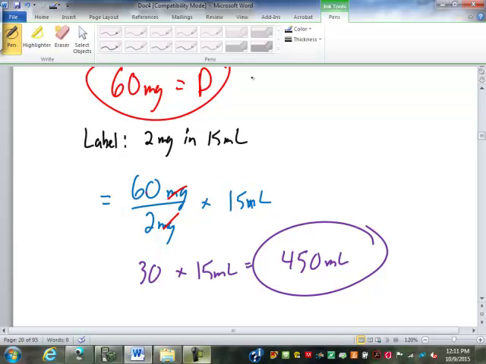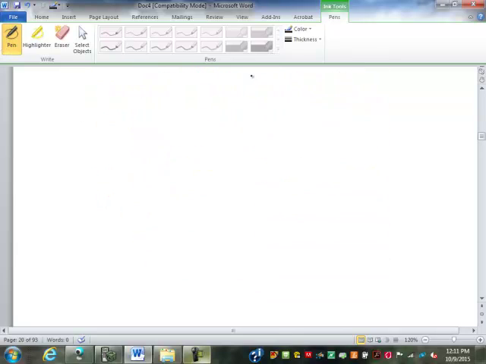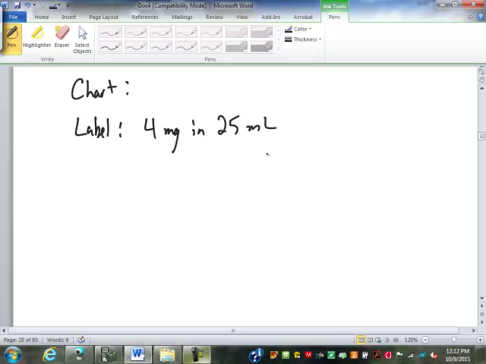So let's test your algebra skills a little bit here. Chart shows for a medication with a label of 4 milligrams and 25 milliliters, 300 milliliters was administered.